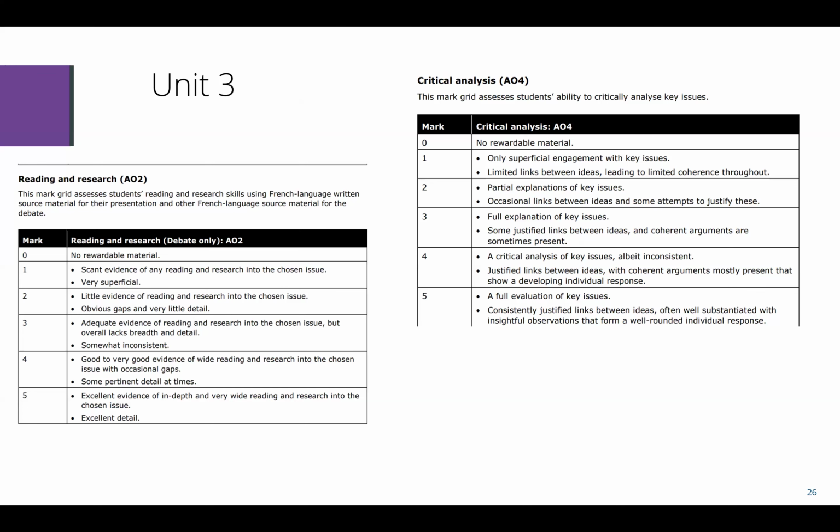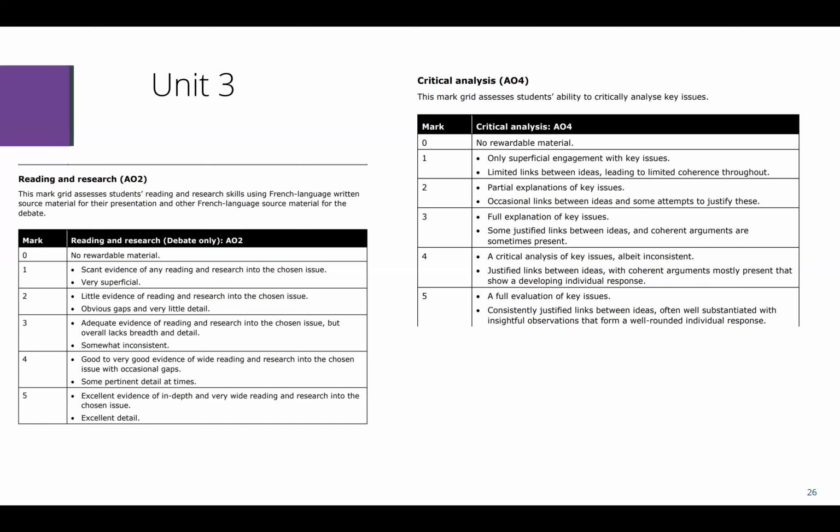for Unit 1 on the website. And if we now have a look at Unit 3, if you have a look in your specification, which is a good idea to have, the mark grids actually start on page 29. And there is a mark grid which is spontaneity and development.